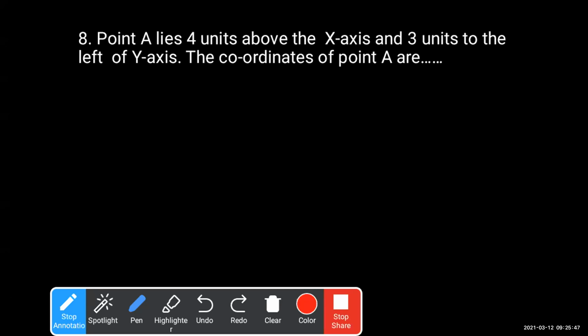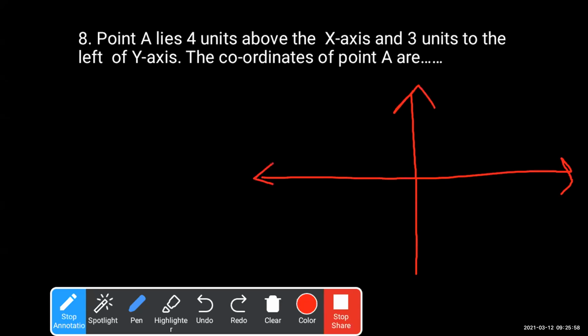Point A lies 4 units above the x-axis. Now, let us make you understand by drawing. This is y and this is x. Students, whenever you write the x-axis and the y-axis, you use the capital letters, that is X and Y. Now let us see.